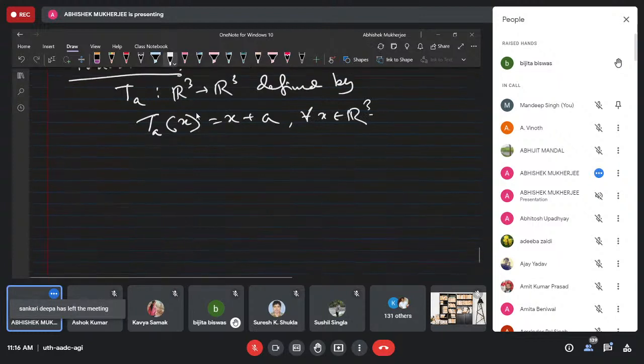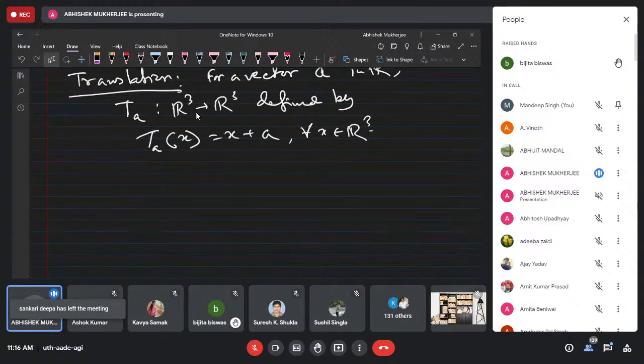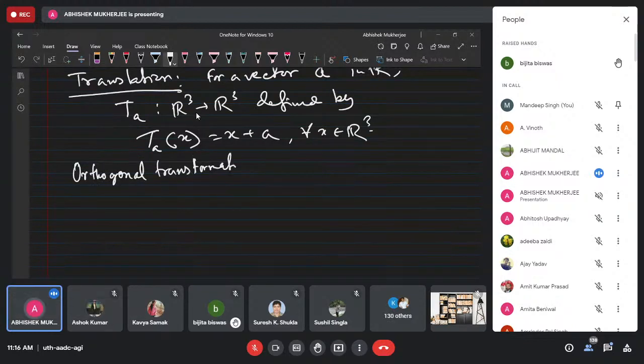Okay. And another map is called orthogonal transformation.